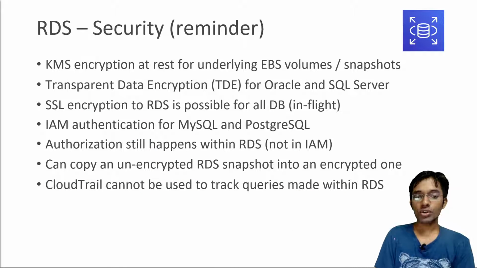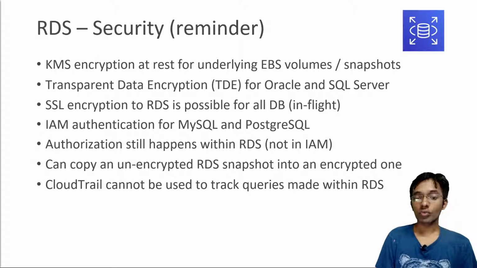So in terms of security, KMS encryption is available for your underlying EBS volumes and snapshots. You get transparent data encryption, TDE, for Oracle and SQL Server. You get SSL encryption for RDS for in-flight database calls, and if possible, you can enforce it.